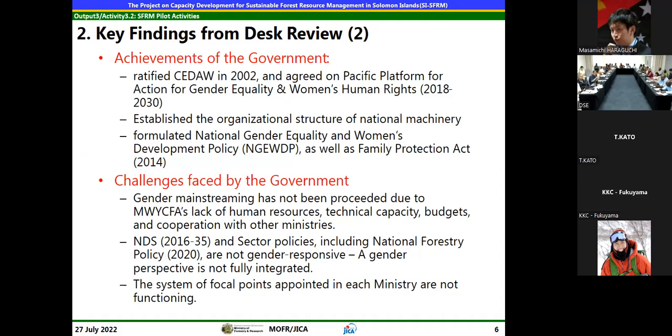There are some policies that are not really gender responsive. There are no focal points appointed in ministries, even though the Ministry of Public Service can appoint gender focal points, and they are not functioning in some of the ministries related to natural resources, including the Ministry of Forestry.